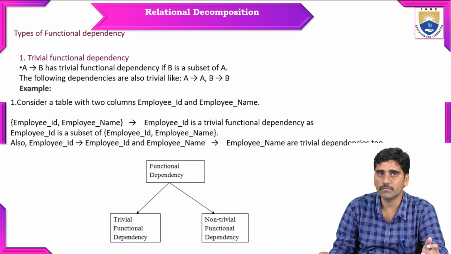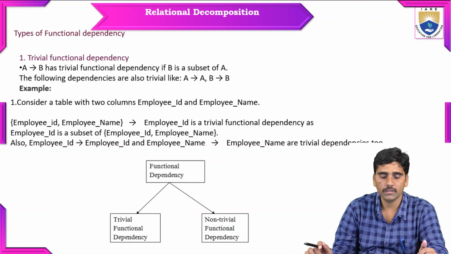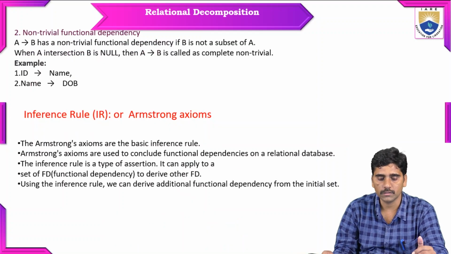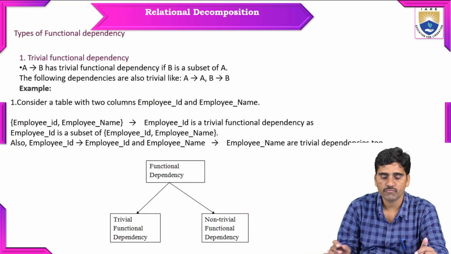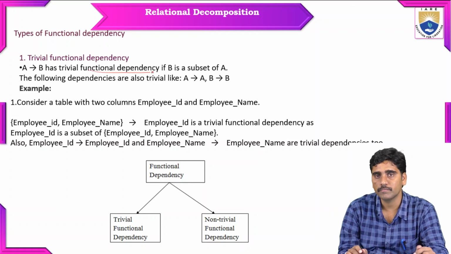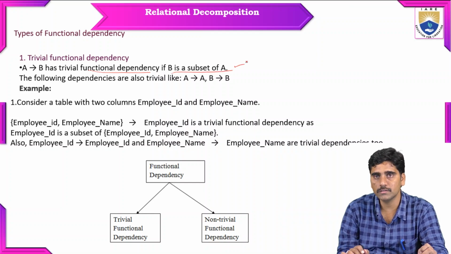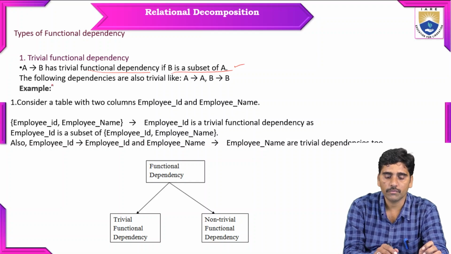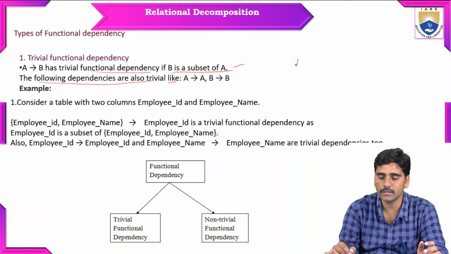So here are the types of functional dependencies. One is the trivial functional dependency, and the second one is what? Non-trivial functional dependency. So, A tends to B is a trivial functional dependency if B is a subset of A. The following dependencies are also trivial, like A tends to A, that means ID tends to ID, or name tends to name.